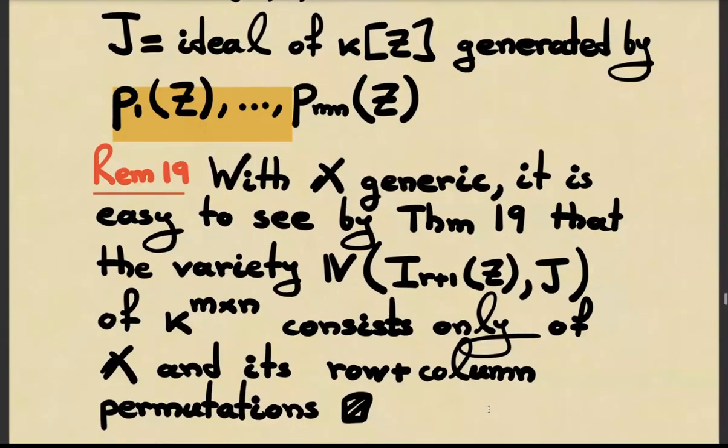Here's a remark. With X generic, as explained, we can see easily from the theorem that I mentioned that the variety defined by the ideal of r+1 minors and the ideal of those power sum polynomials consists only of X together with its innocent permutations. So let me mention a fact that can be proved easily.